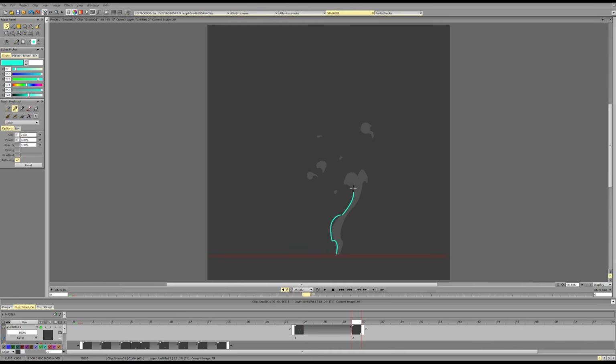So we can push this, leave some connection here, some trail, make the difference between these particles bigger. Make the difference here at the bottom bigger.